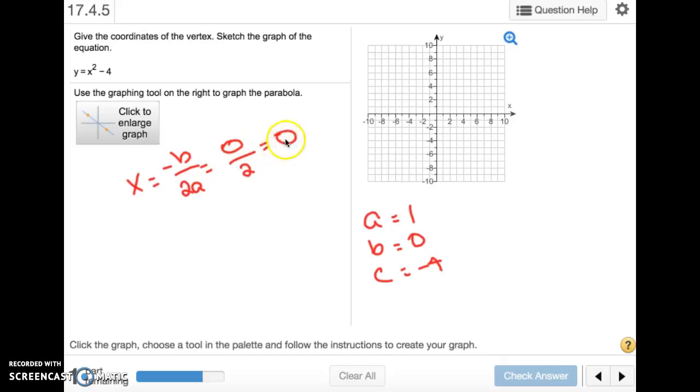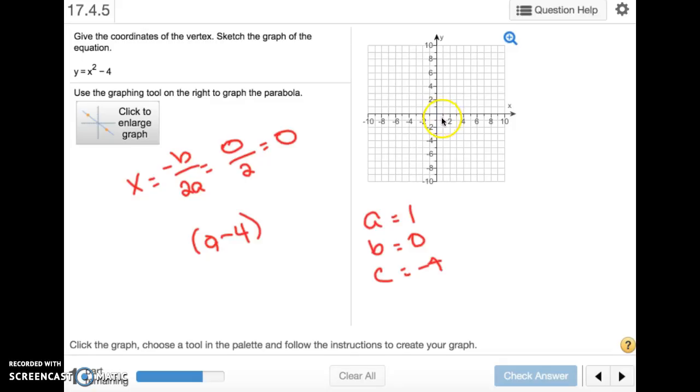So my x value of my vertex is 0. And then I plug the 0 into this equation. 0 squared is 0 minus 4. Or you can use the calculator if you're not sure. But I'm going to get negative 4 here. So that is the vertex, 0, negative 4.